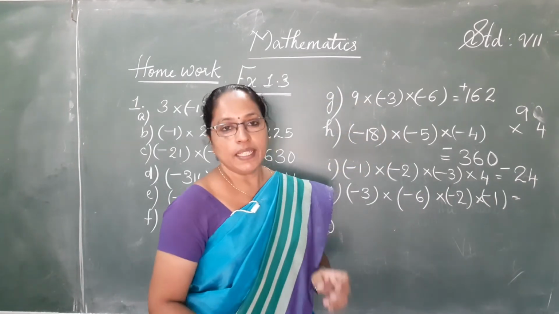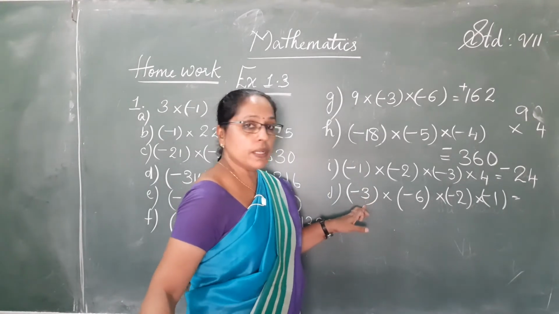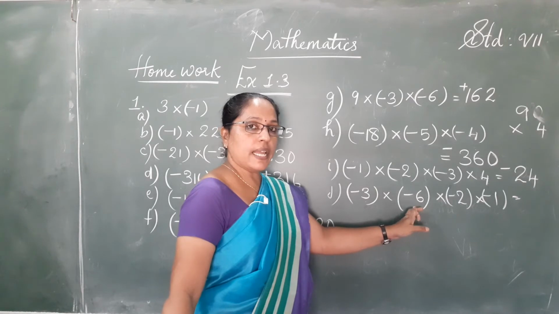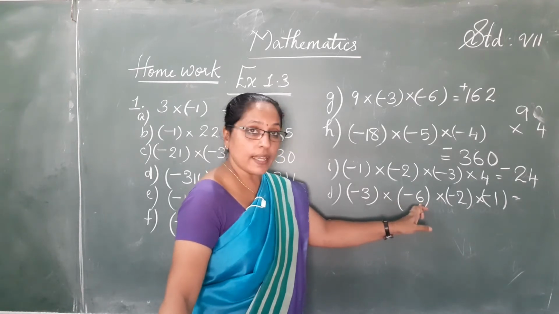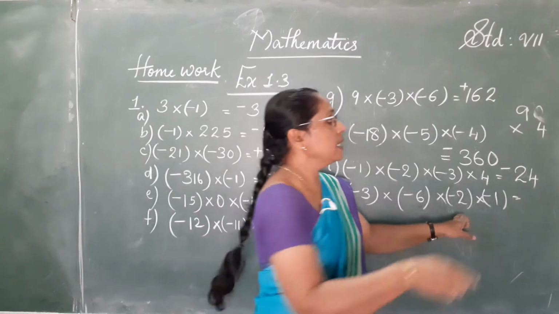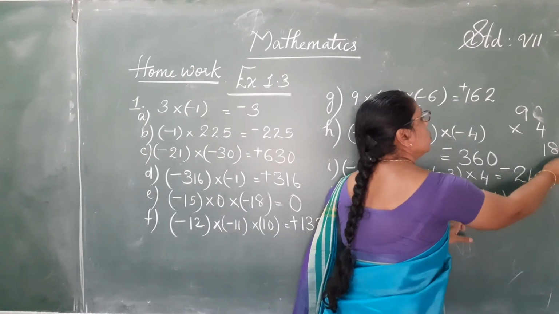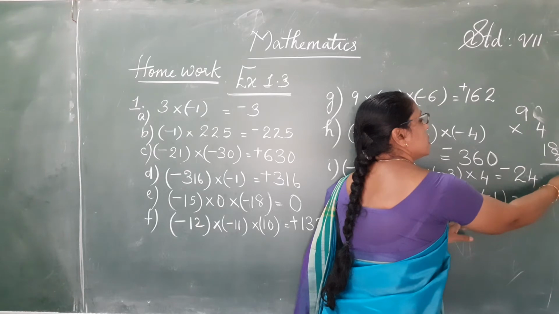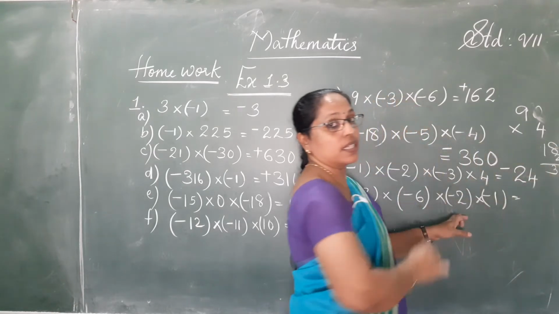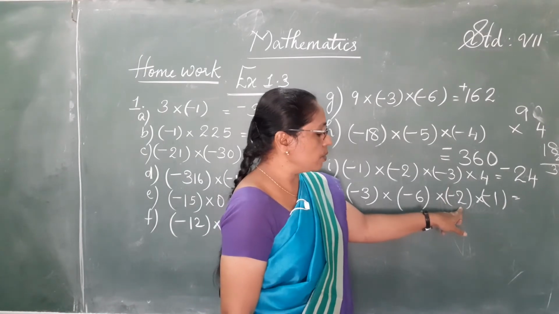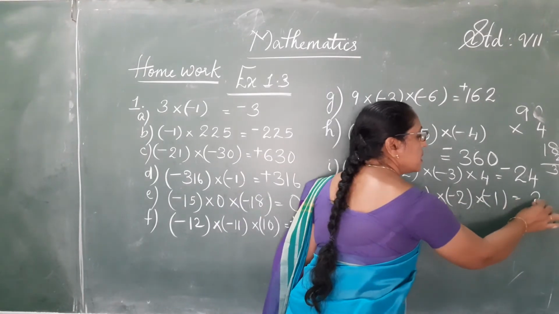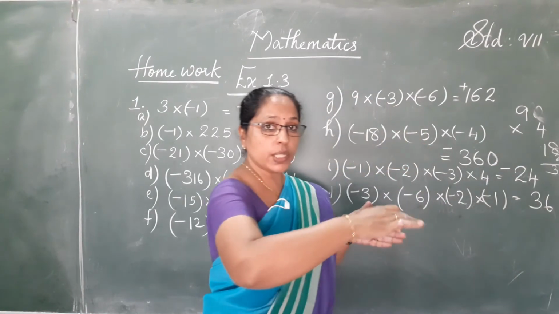Let's multiply the numbers. 3 into 6 is 18. 18 multiplied by 2: 8 twos are 16, 2 ones are 2, 2 plus 1 is 3, so 36. 36 into 1, the answer is 36. So the multiplication is done.